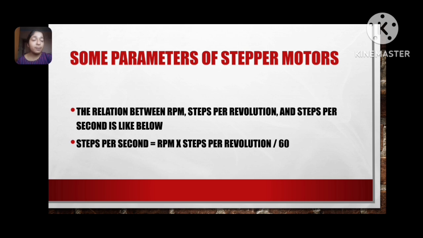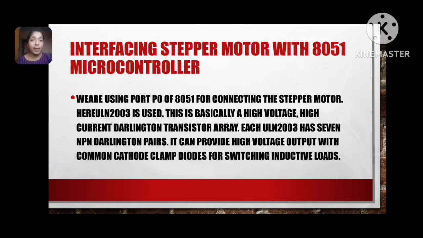This is the method we'll use for calculation in stepper motor interfacing, along with the parameters we have seen in the previous slides. Now, interfacing the stepper motor with the 8051 microcontroller. We are using the ports P0, P1, P2, P3. There are four ports in the 8051 microcontroller.